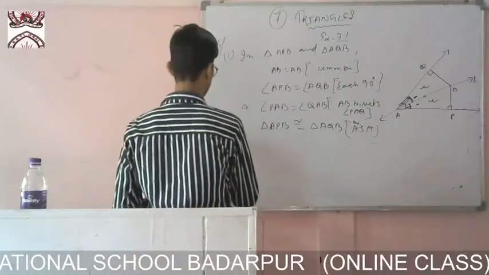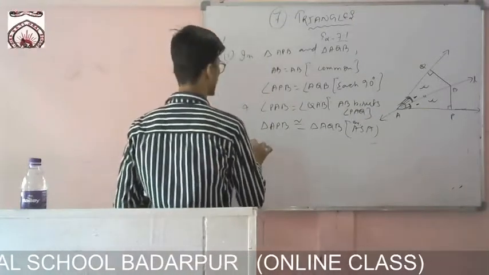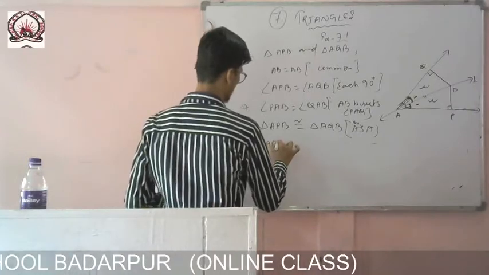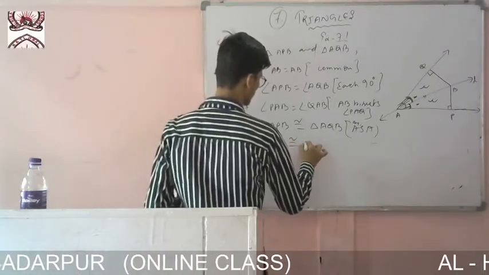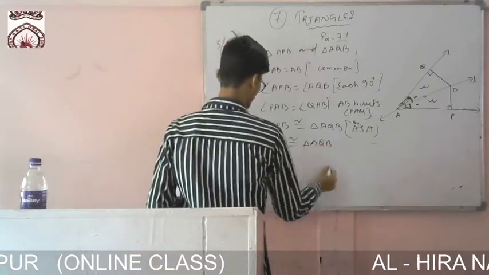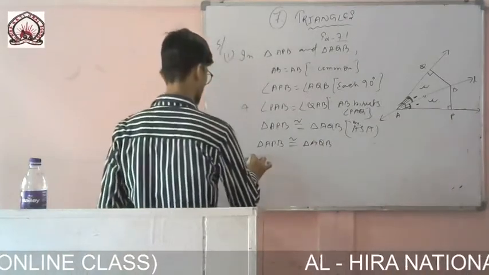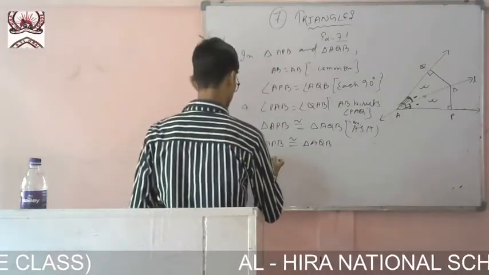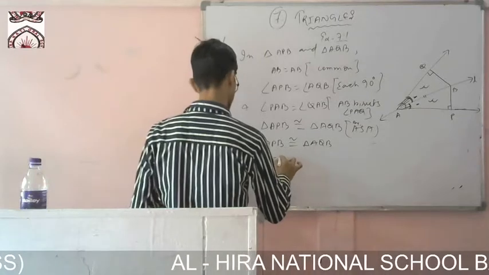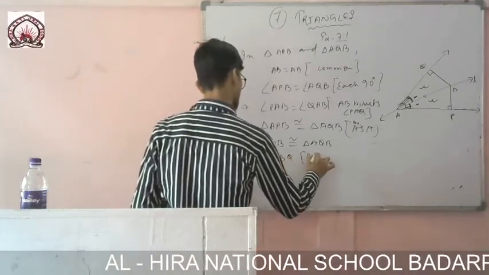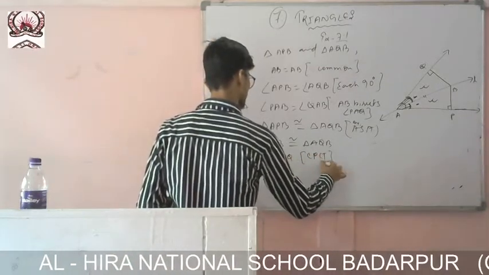So Roman number 2. What have we proved just now? We have proved that triangle APB is congruent to triangle AQB. So if these two triangles are congruent, I can say that BP will be equal to BQ, and the reason will be CPCT.